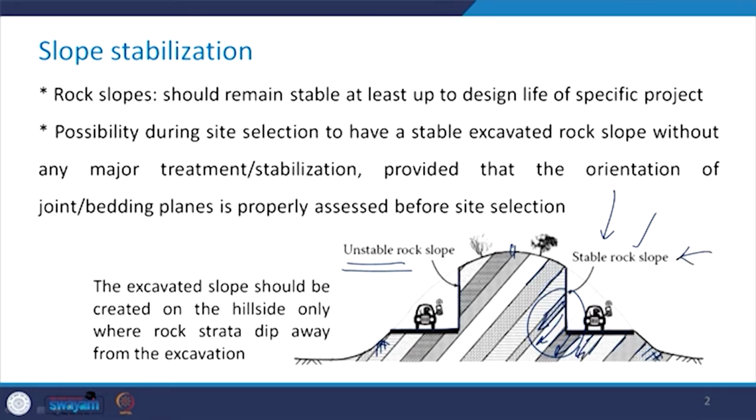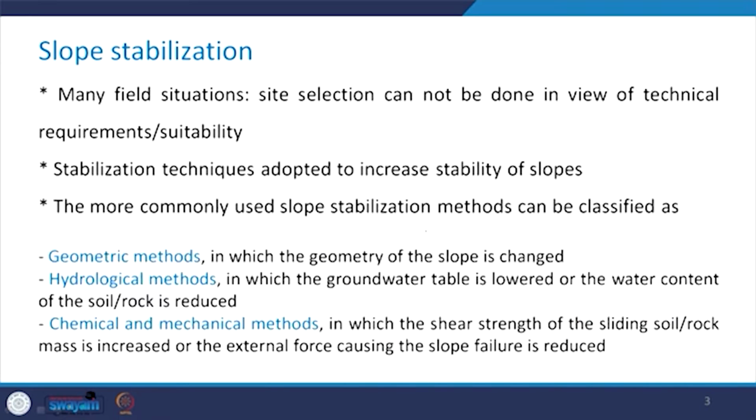However, in this case, it is the opposite situation, and that makes this an unstable rock slope. But most of the time in many field situations, site selection cannot be done in view of the technical requirements or suitability. Therefore, stabilization techniques should be adopted in order to increase the stability of slopes.